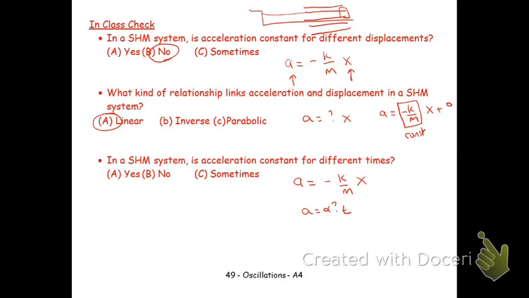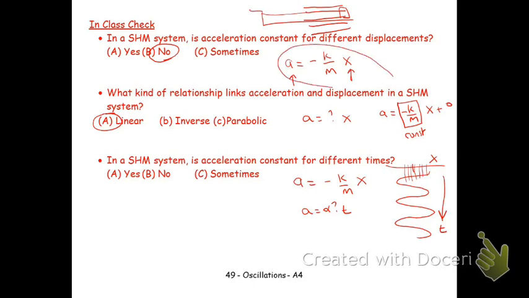Do I do that instantly or do I do that over a period of time? So really, there's my time. I said that my acceleration is different for different x's, yeah? I did that up there.